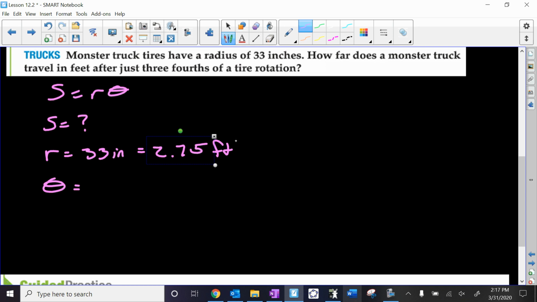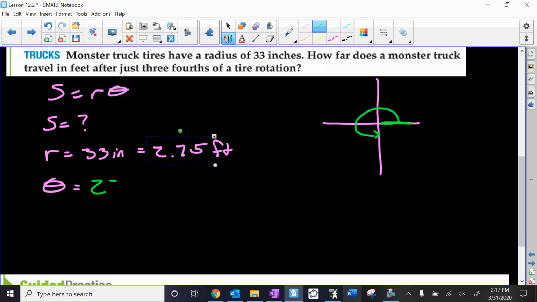Now I need to get my angle measure involved. If I want to go 3/4 of a rotation, I think back to standard position, that's 3/4, which is the same thing as 270 degrees.